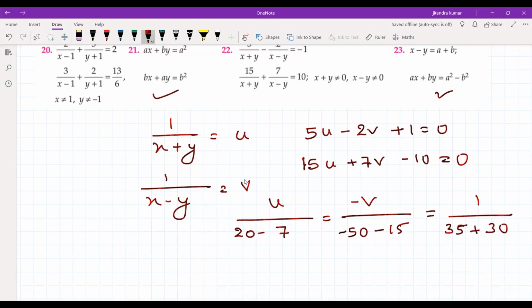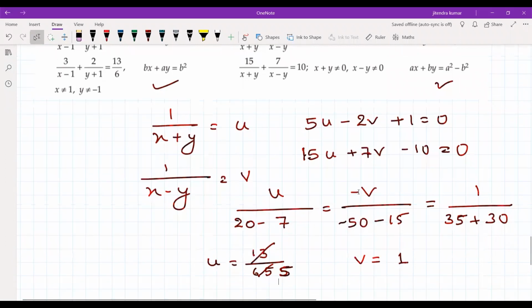So this will give us u is equal to 13 upon 65, so that will be equal to 1 by 5. And v will be equal to 65 upon 65, that is 1. So v will be equal to 1 and u will be equal to 1 by 5 here.